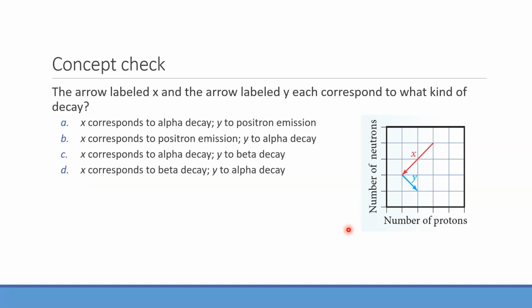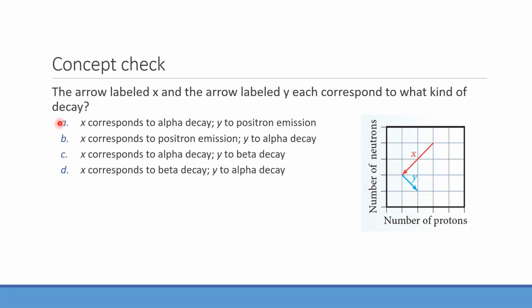Okay, and we'll note that if we have X and it goes from 2 protons, it loses basically 2 protons. So 2 protons are kicked off. The way for that to happen would be helium, losing a helium atom, right? And so that means that X probably is showing our alpha decay.